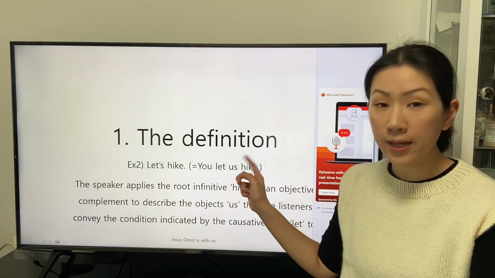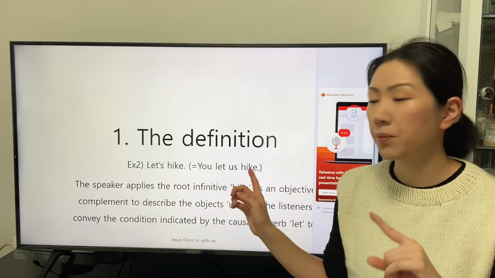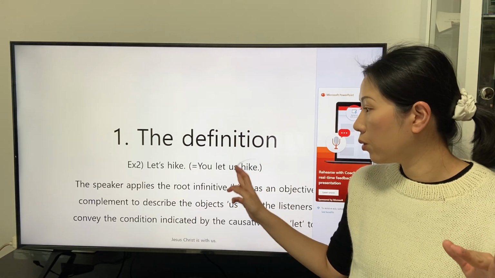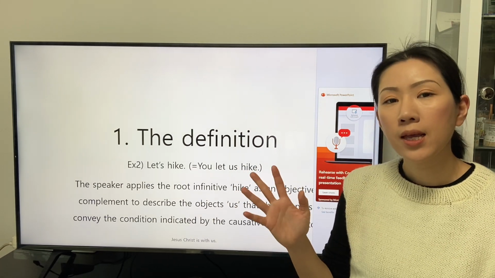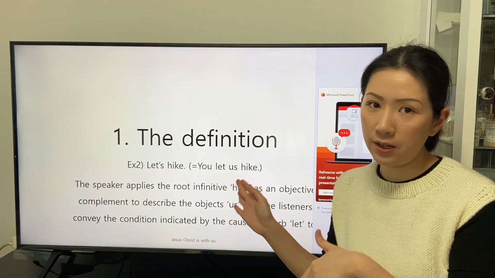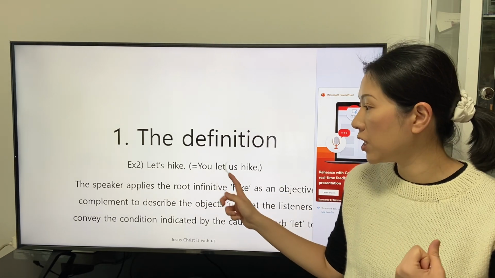The word hike has the same form as a transitive verb, but in this clause, the word hike is applied as a root infinitive to describe the action of the object.